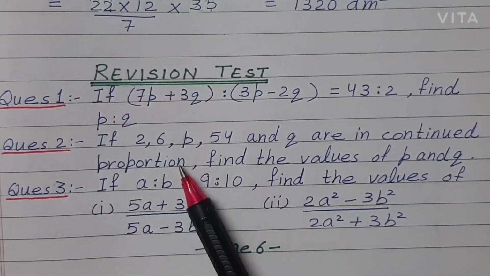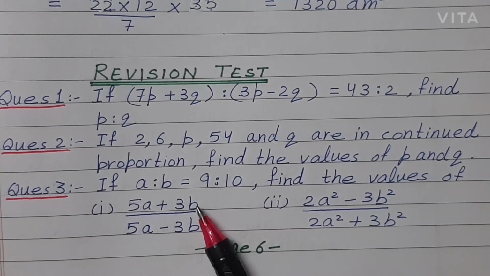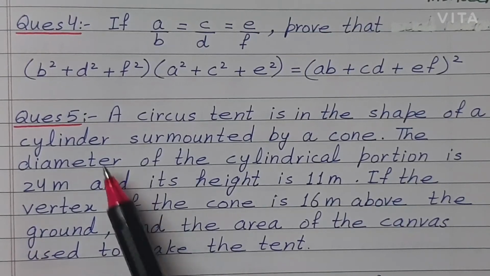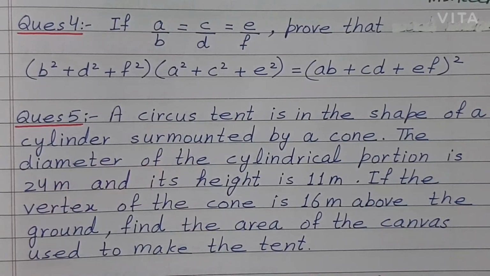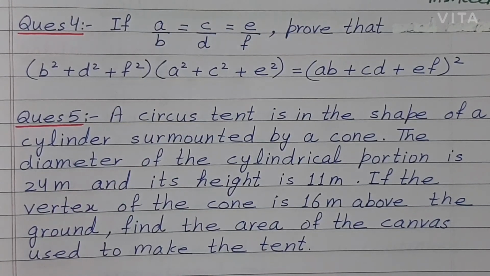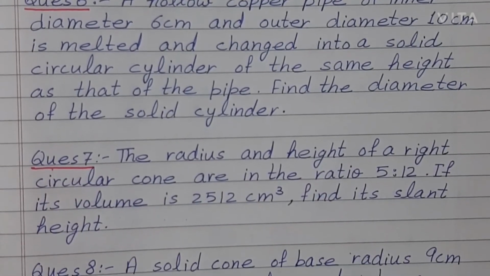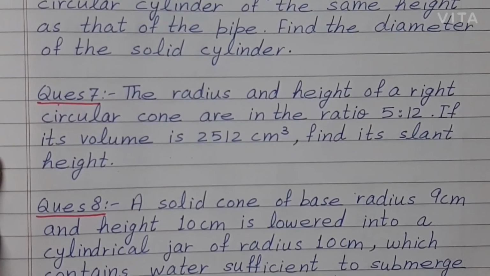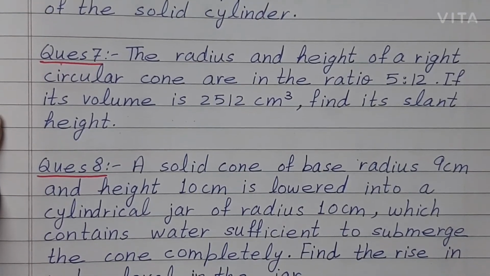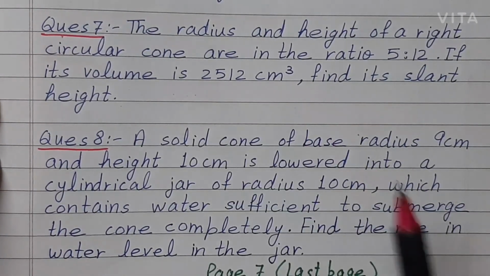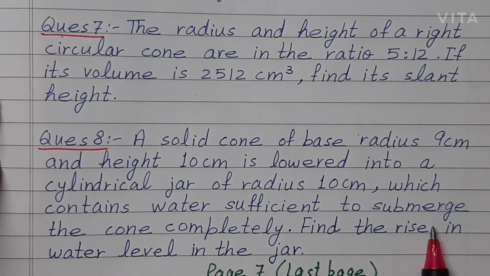The first 4 questions are based on ratio and proportion, and the remaining 4 questions, that is questions 5, 6, 7 and 8, are all on three-dimensional solids. Students, try to complete these questions in 40 minutes. Clear? All the best. Thank you everyone.